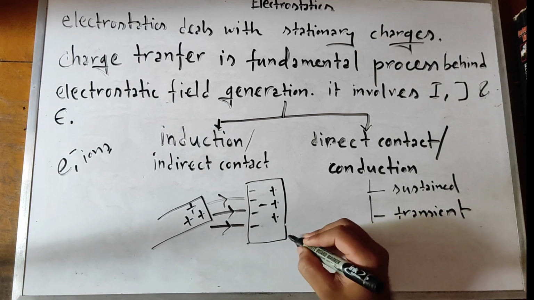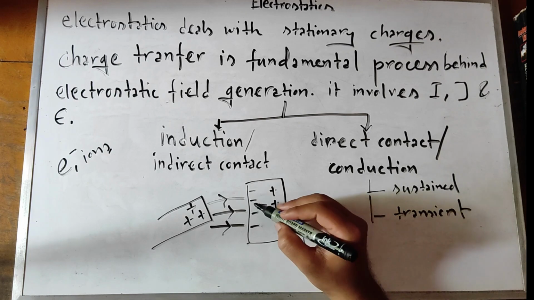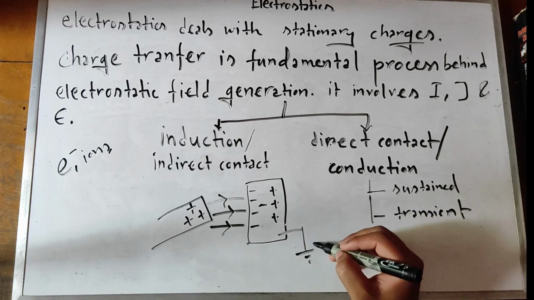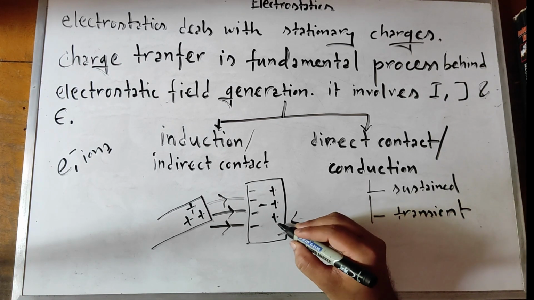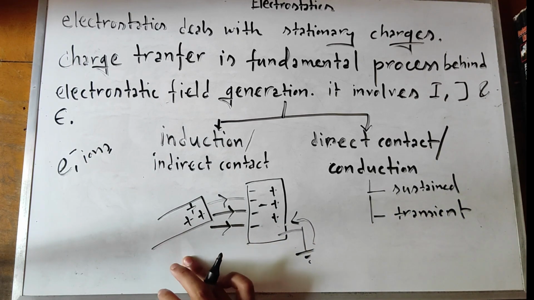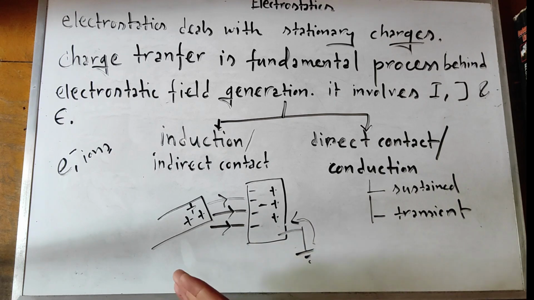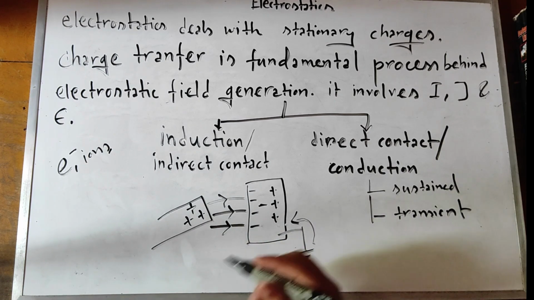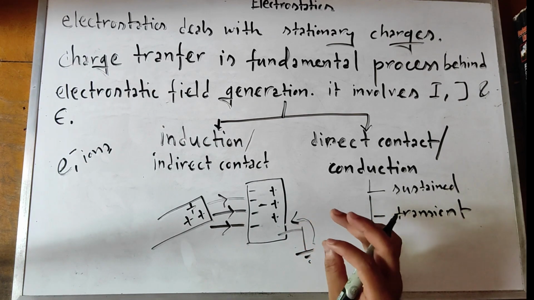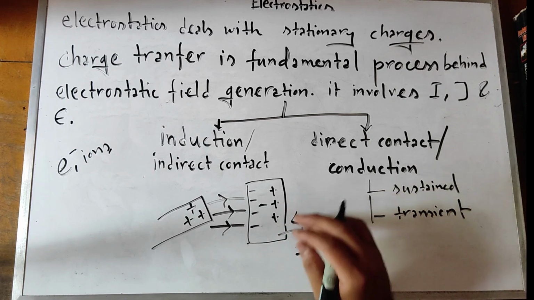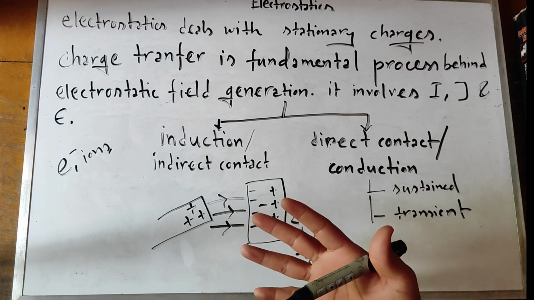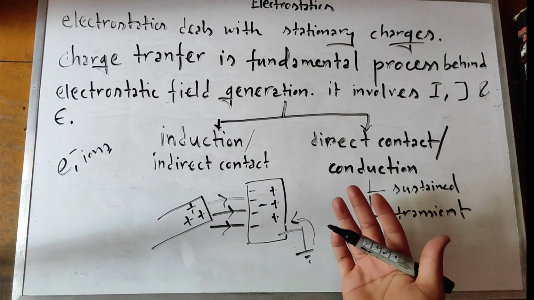Now if I take this and ground it, the extra charge will go to this positive side, and then if I remove the grounding and take the net positive charged body out, it will remain a net negatively charged body, hence it will produce an electrostatic field.